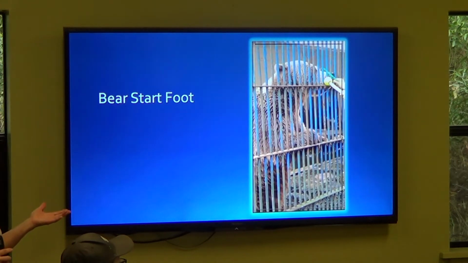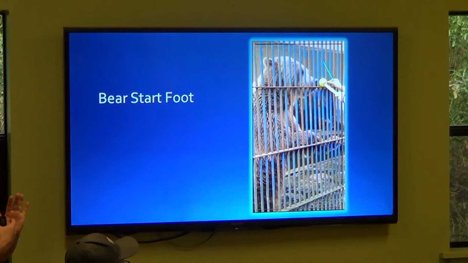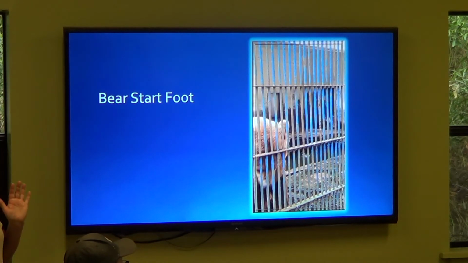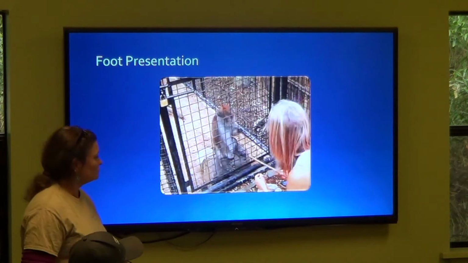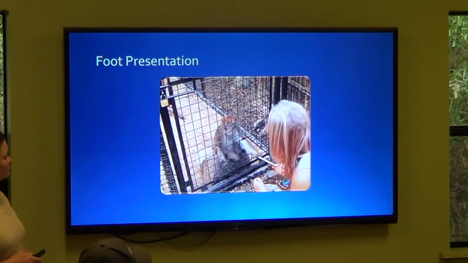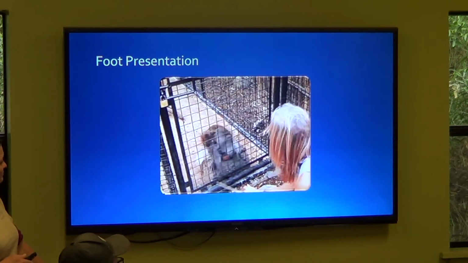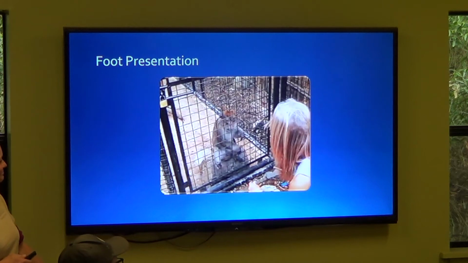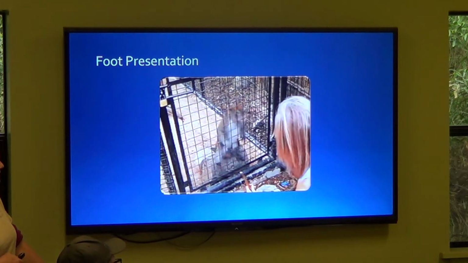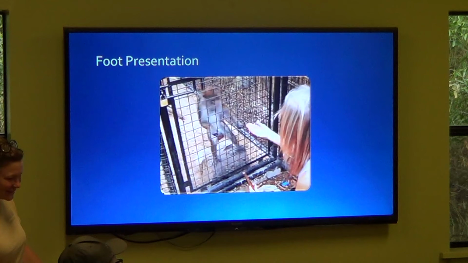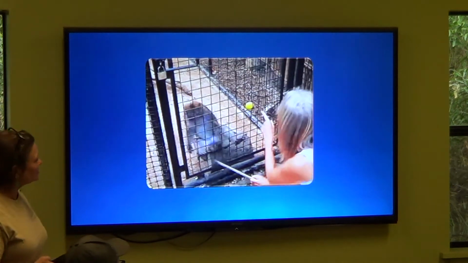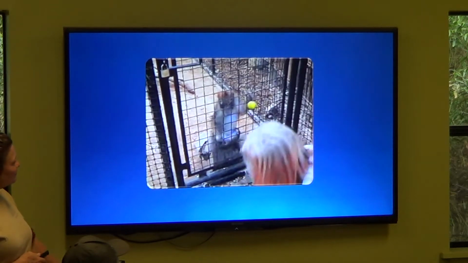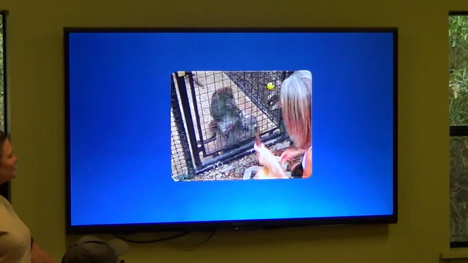So she's kind of capturing it there because the foot's already there, but starting to teach him that when that foot target touches him, good things happen. So it's kind of the same thing as with the bear, touching the foot when it's there, and then dealing with the grabby monkey problem by using a hand target as well as a foot target.